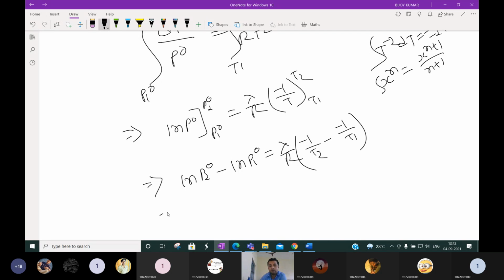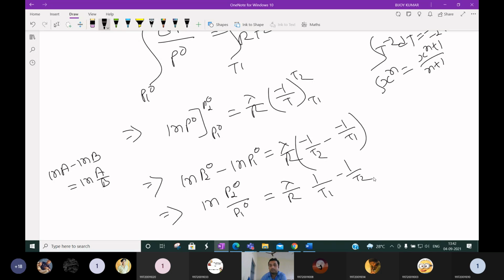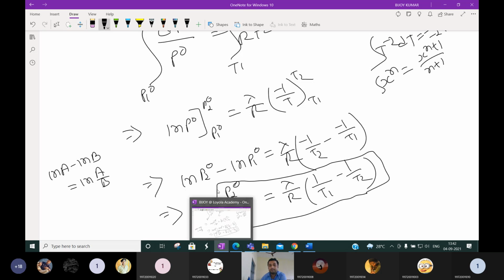Here we have ln a minus ln b, so we can write ln a by b. So we can write ln of P20 by P10 is equal to lambda by R times, with the sign changed, 1 by T1 minus 1 by T2. So this is the final expression for the Clausius-Clapeyron equation.